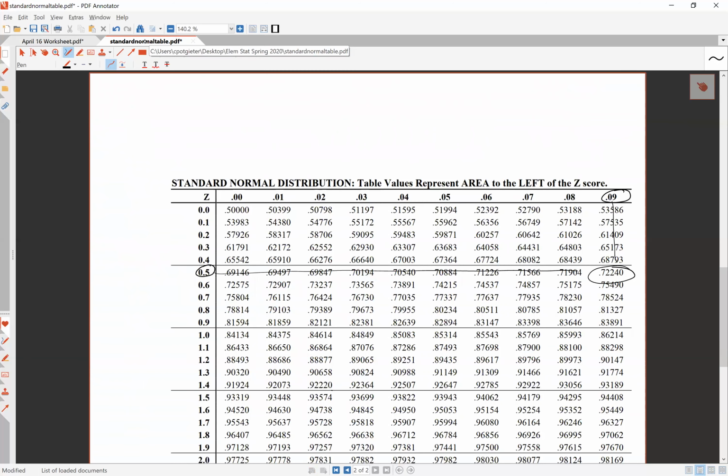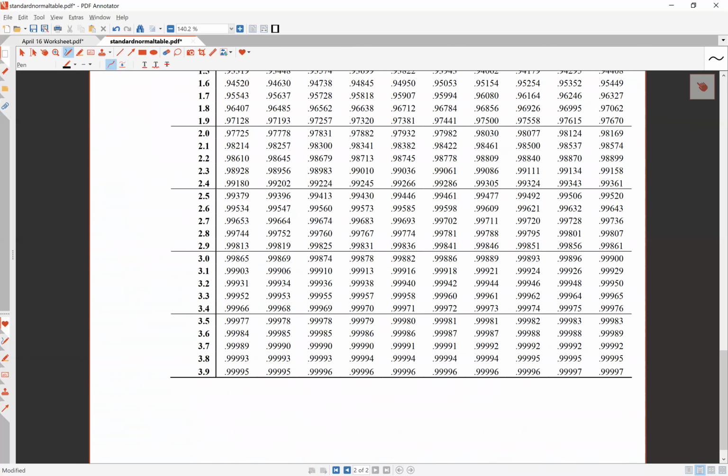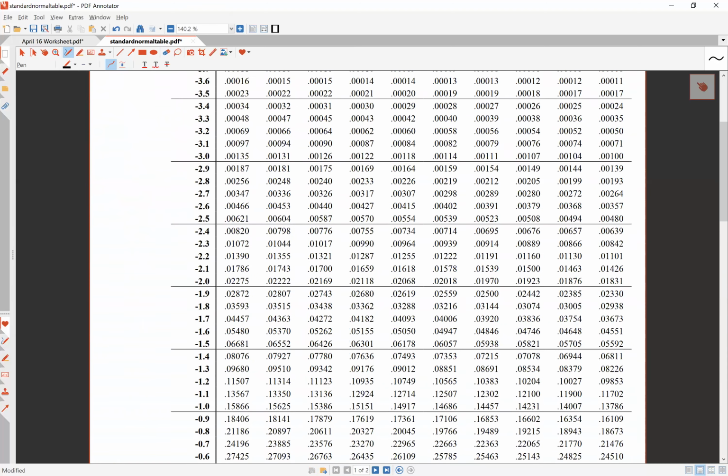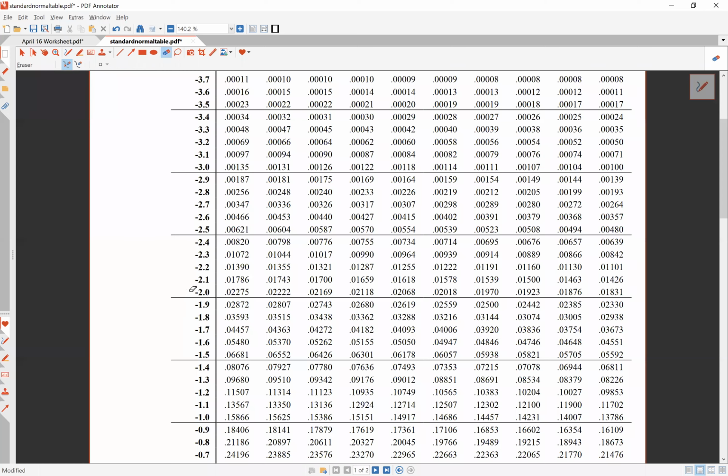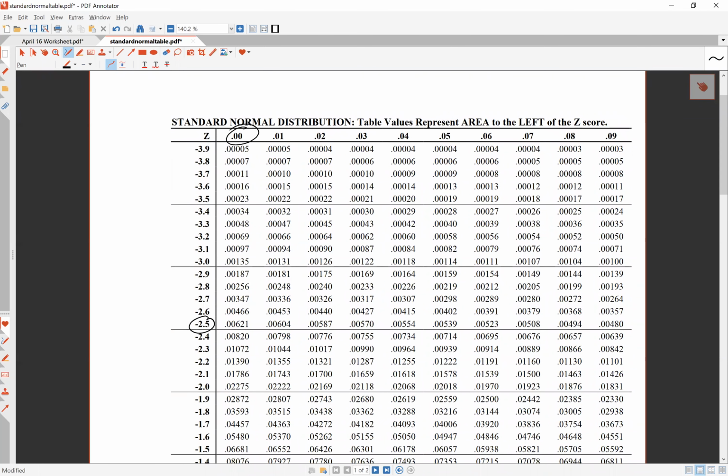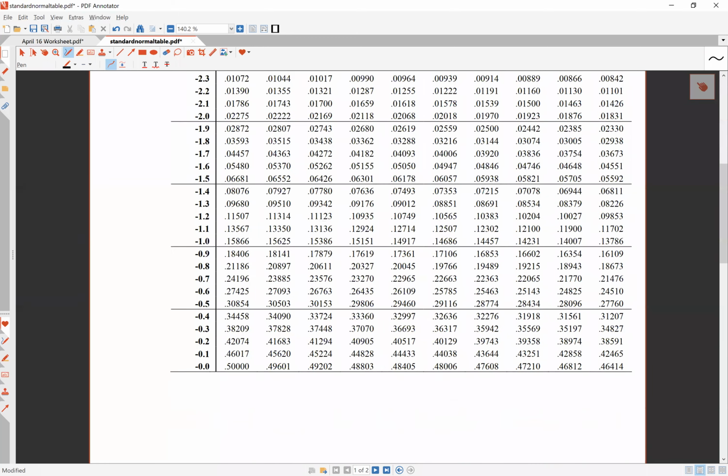So here's my normal table, and I'm looking up negative 2.5. Second decimal is 0. So there's my value, 0.006.